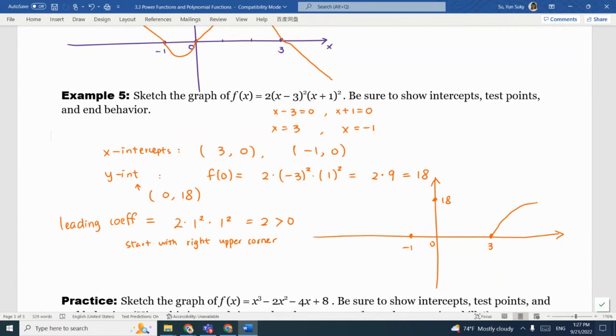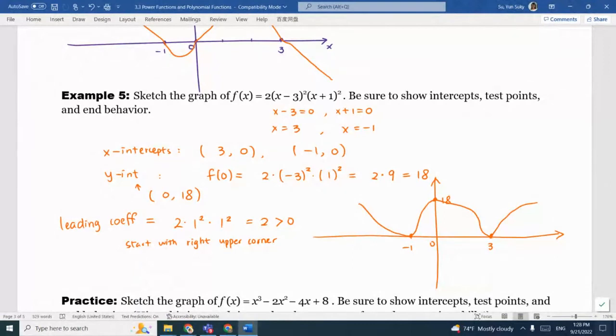What do we do? Cross or bounce up? Bounce up, which means we go like this. Do you see? We connect the y-intercept, and then we get to this point again. What do we do? Bounce up. It's also even, so we bounce up and get this. So this is the picture.